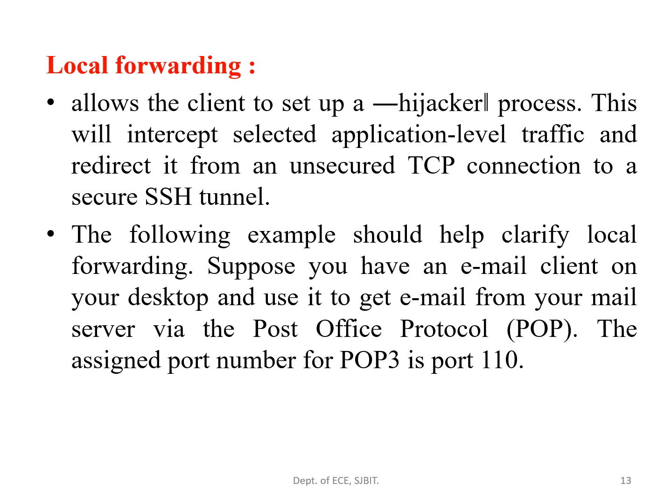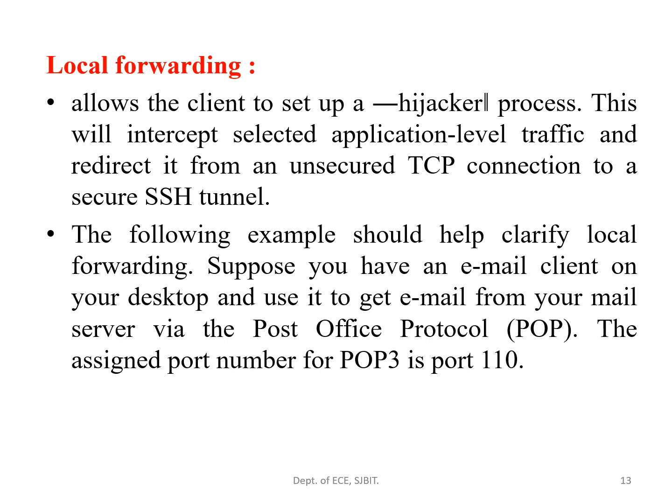This will intercept selected application level traffic and redirect it from an unsecured TCP connection to a secure SSH tunnel. That means whichever connection happens between the client and server using TCP, we are going to establish as a secure connection using an SSH tunnel.